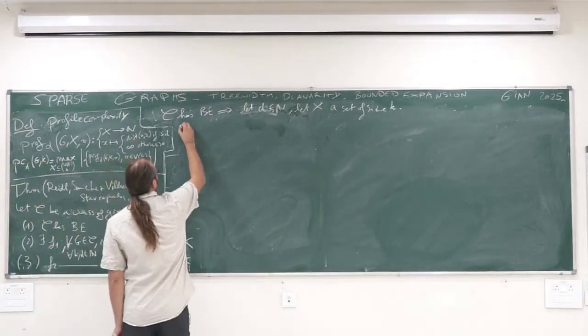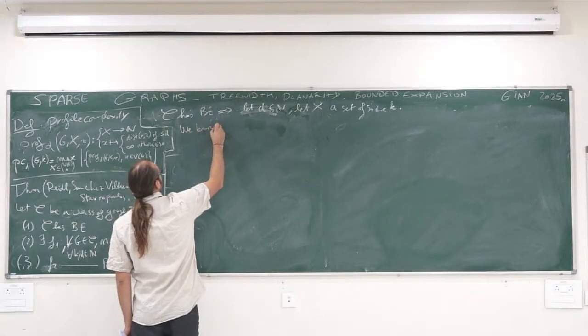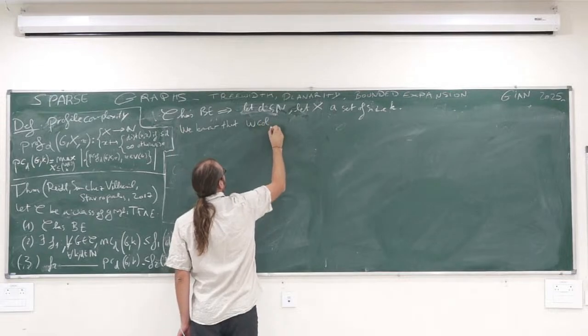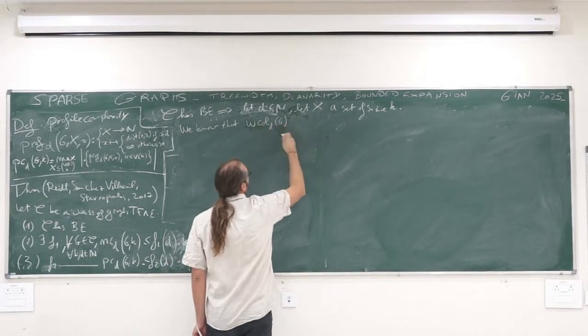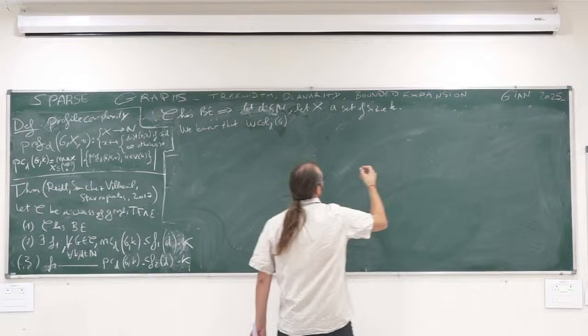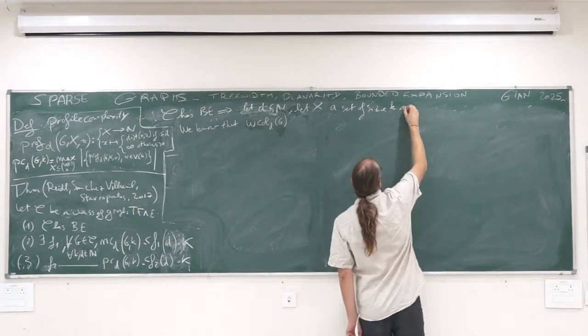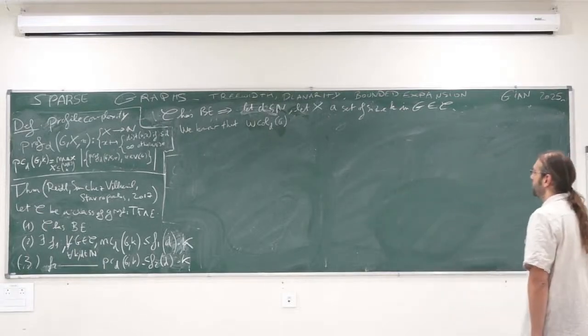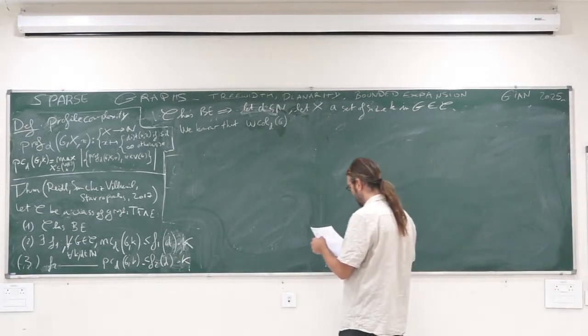Okay, so we know that the weak coloring number of my graph, I didn't say I take a graph, of course, X is a set of size k in some graph of my class. So the weak coloring number, in fact, I will not take d, I will take 2d.